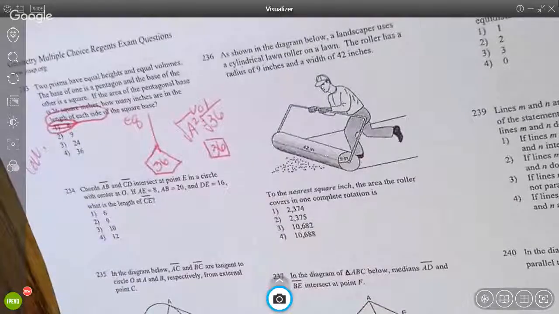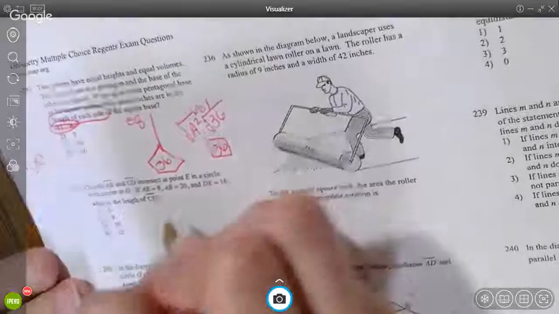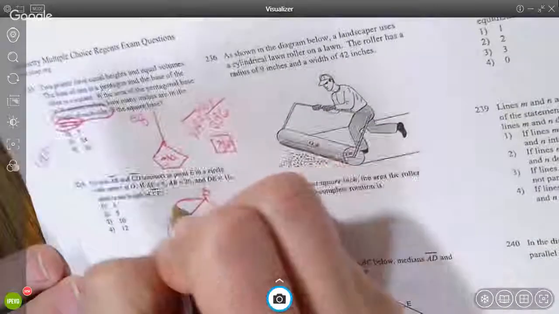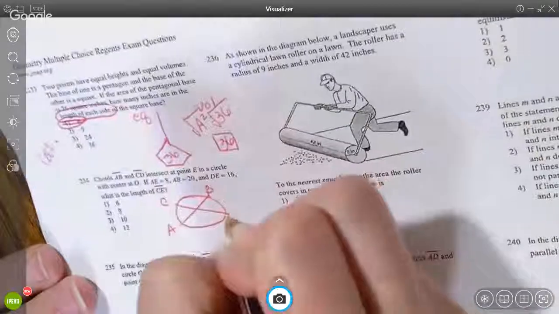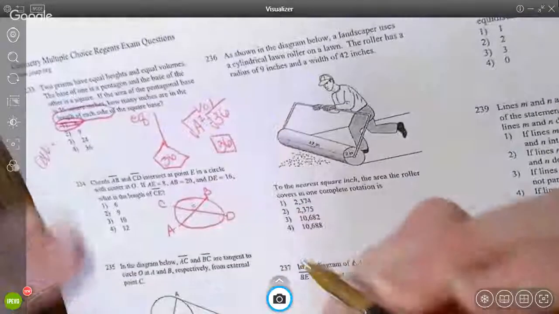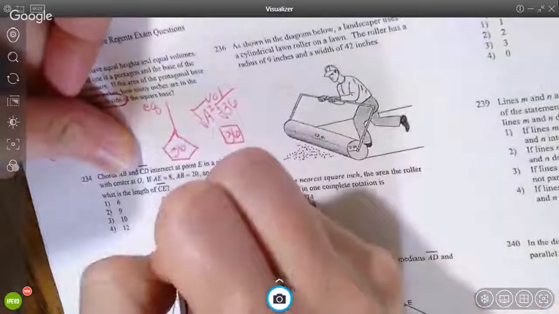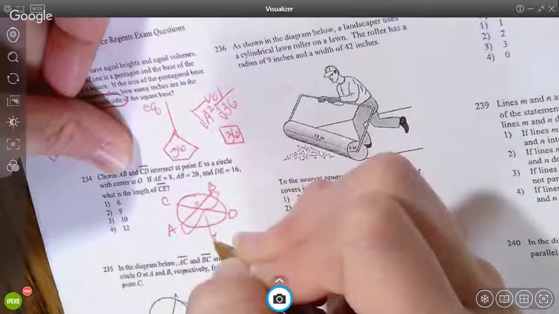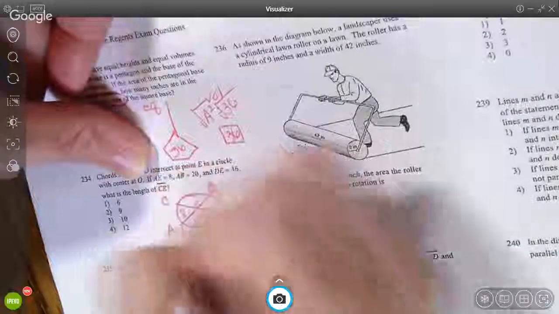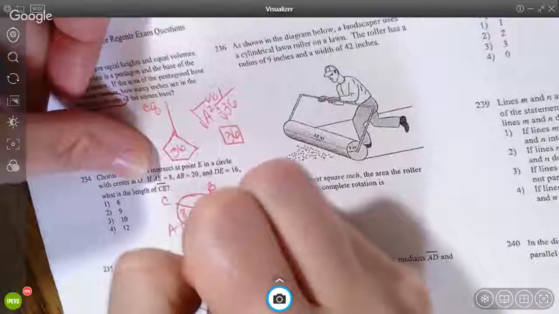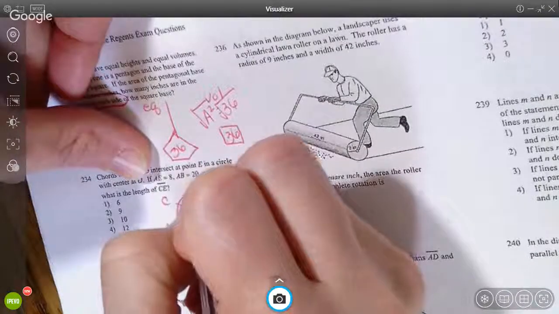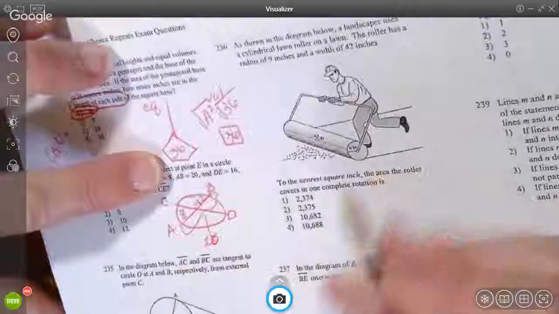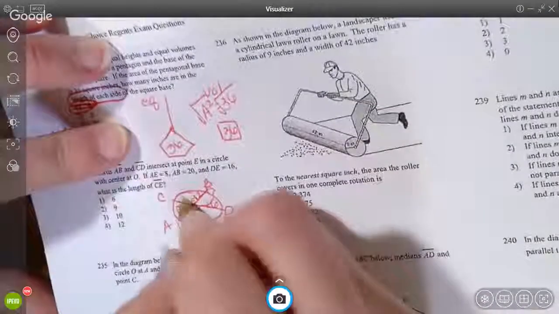AB and CD intersect at point E. Here's my AB. Here's my CD. They intersect at E. AE is 8. AB is 20. So that means this piece has got to be 12, because 12 plus 8 is 20. DE is 16, and it wants this piece.